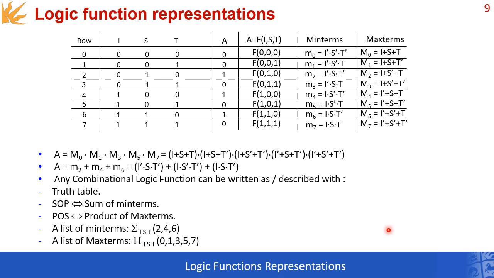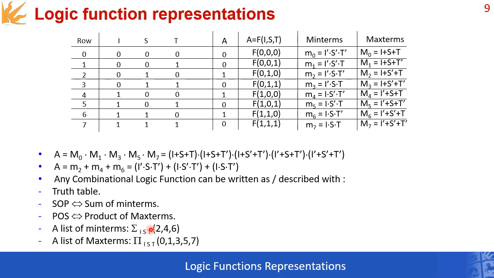And by the end of this short video, you've seen how any combinational logic function can be written as a truth table, a sum of minterms, otherwise known as a sum of products, a product of maxterms, otherwise known as a product of sums, or you can also represent these functions by using a list of minterms.